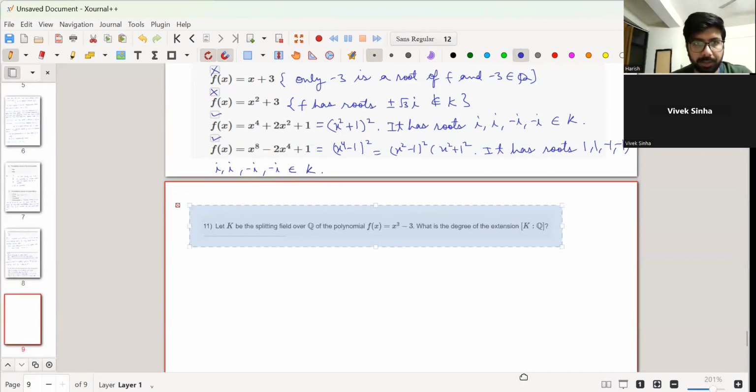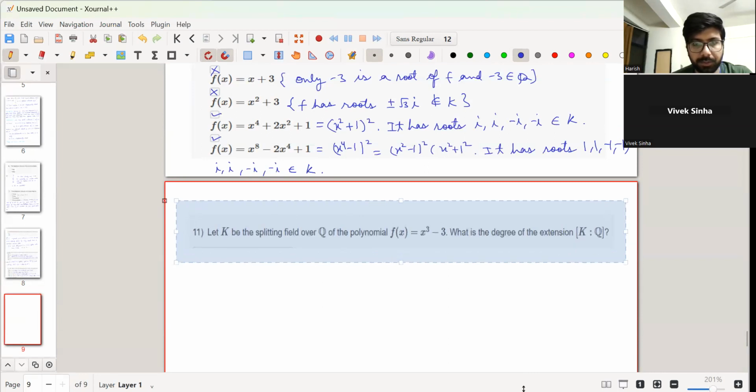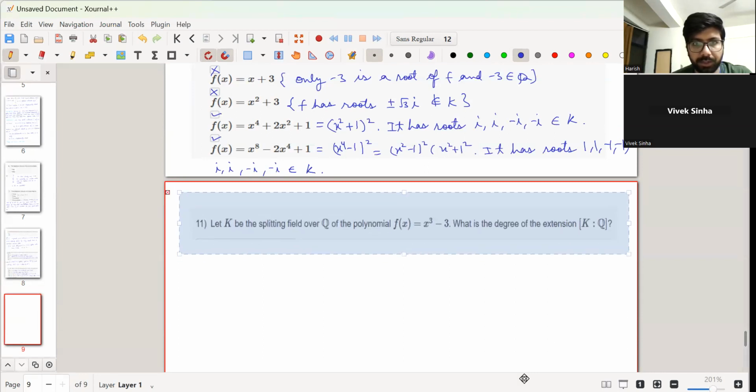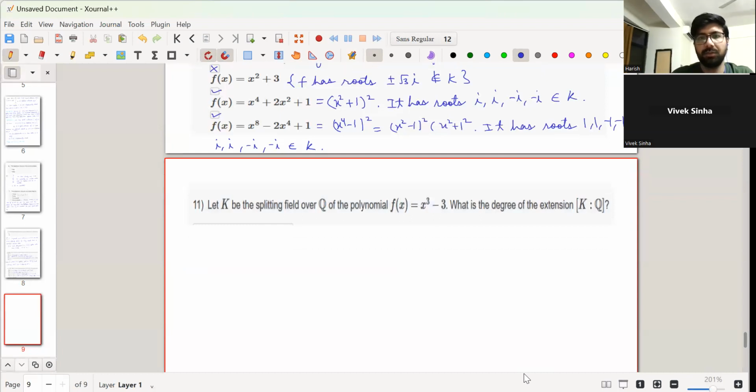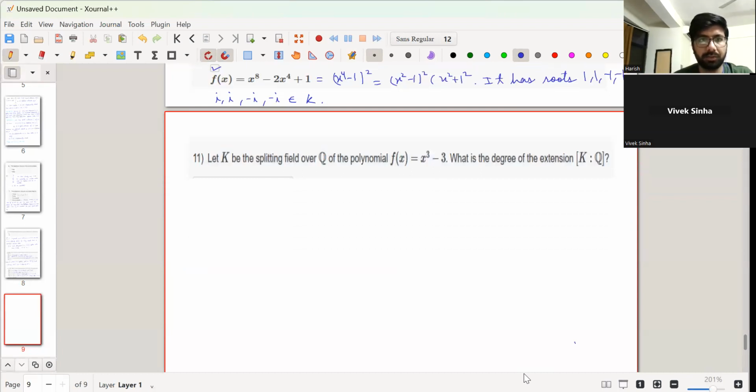Now, the 11th one is: let K be the splitting field over Q of the polynomial f(x) equal to x cube minus 3. What is the degree of the extension K over Q? So K contains all the roots of this polynomial. The solution: f(x) equals x cube minus 3 equal to 0.